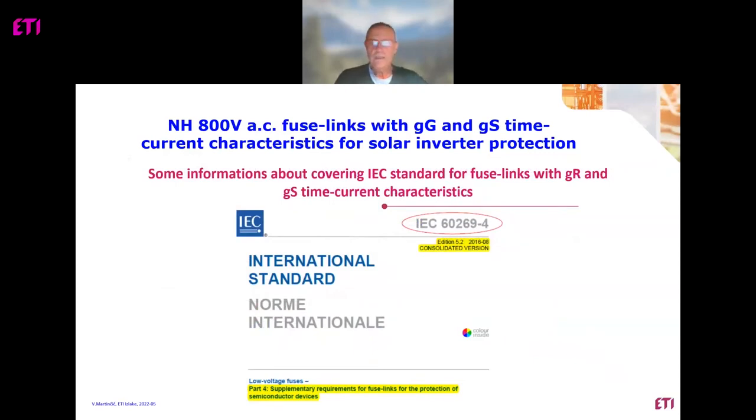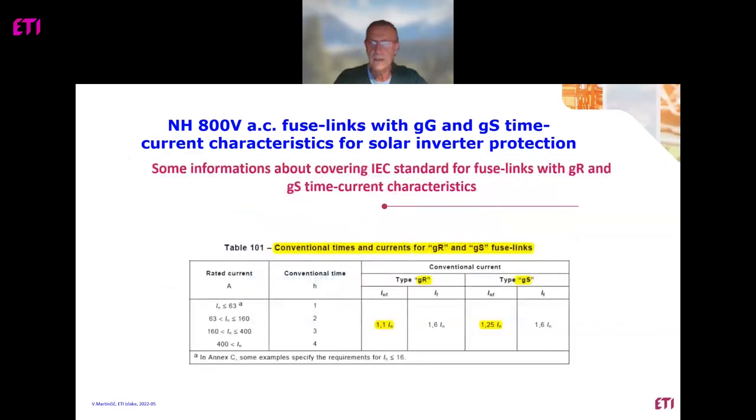In standard IEC 269-4 the complete technical requirements for fuse links with gR and gS time-current characteristics are defined. The name of this standard is supplementary requirements for fuse links for the protection of semiconductor devices.